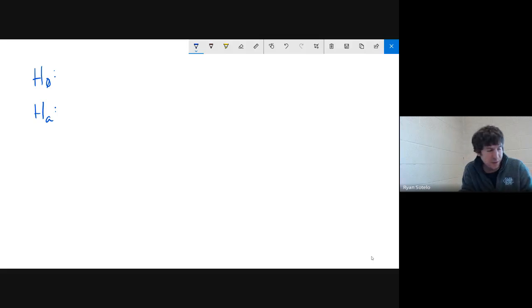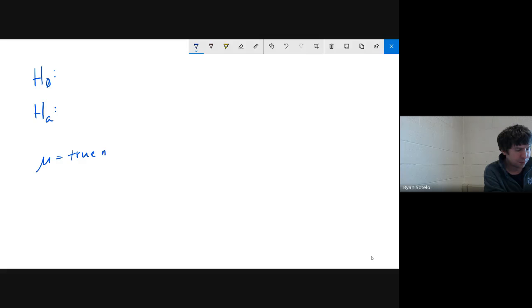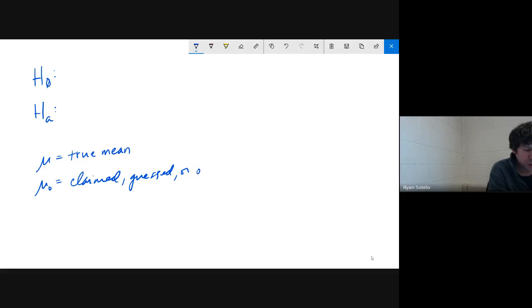So we have different symbols. I'll say that mu is the true mean. It's the true average for the population. And it's generally not known. We try to estimate it, or we try to test claims about it. Mu sub 0, mu naught, is the claimed, guessed, or old previous value for the mean.